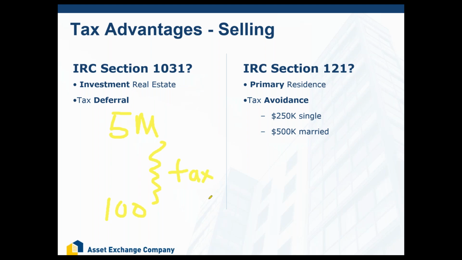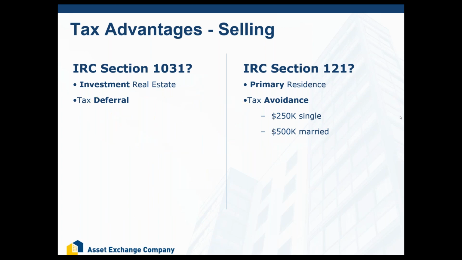Well, if you die, the tax basis in the property steps up to $5 million for your heirs, for your kids. They can go out the day after your funeral and sell the property and pocket all of the cash without paying a dime to the government.